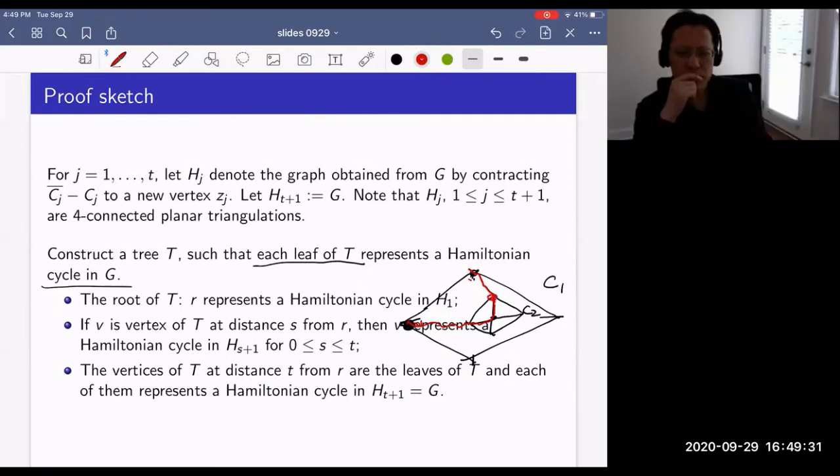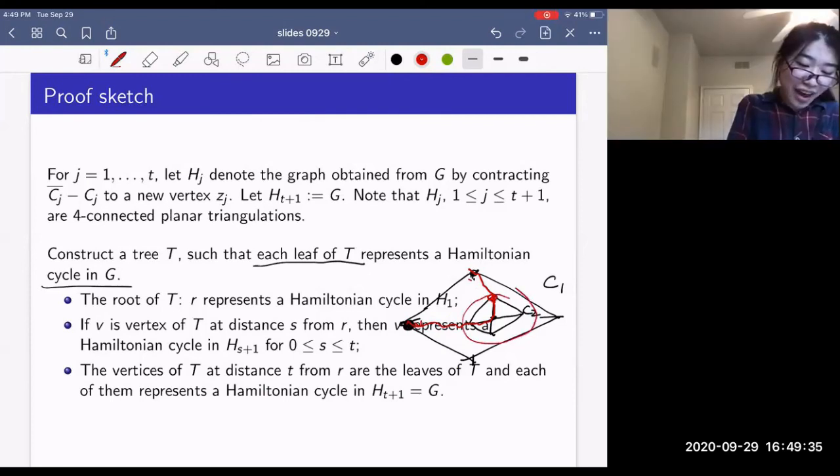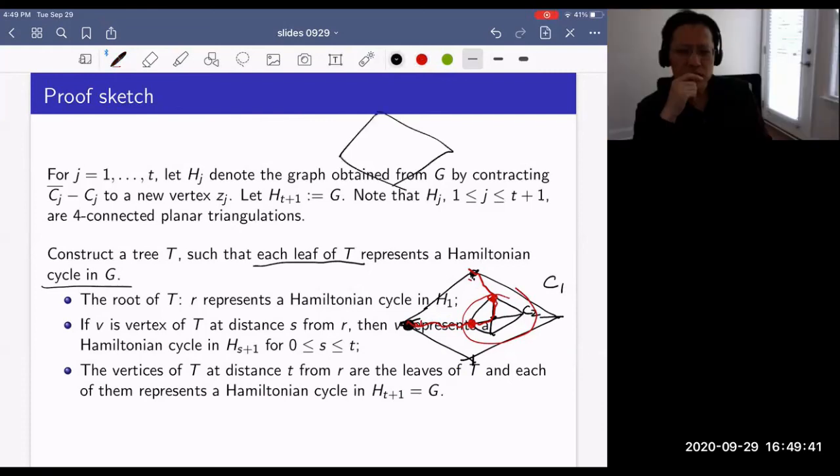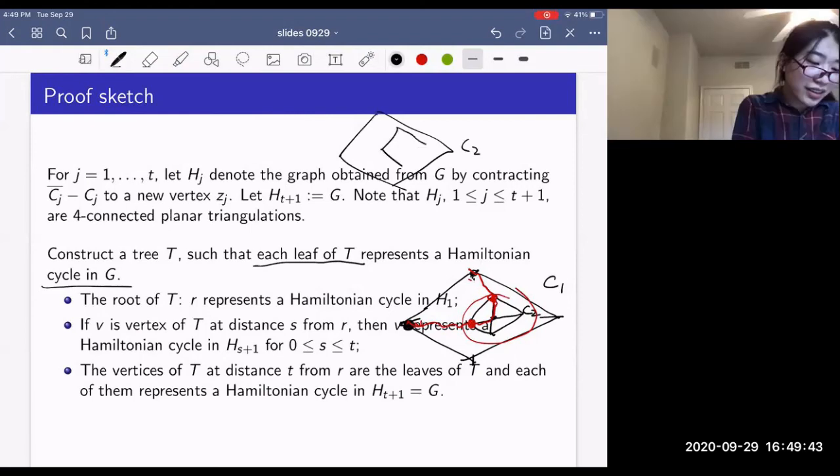Also, then we look at C2, and we want to find the Hamiltonian path between these two vertices. But in C2, we know C3 is inside it.